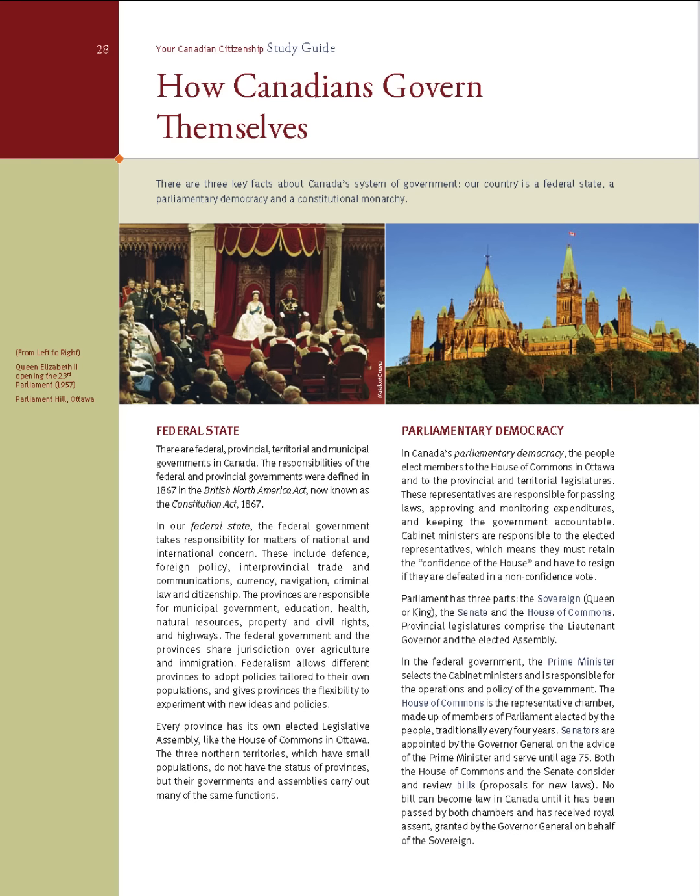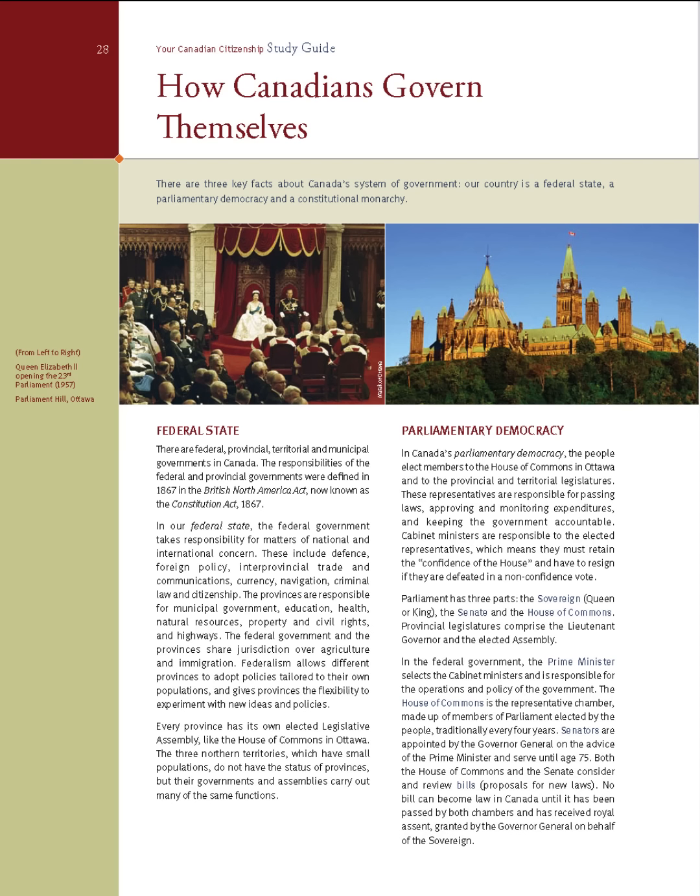Parliament has 3 parts: the Sovereign, Queen or King, the Senate, and the House of Commons. Provincial legislatures comprise the Lieutenant Governor and the elected Assembly. In the federal government, the Prime Minister selects the cabinet ministers and is responsible for the operations and policy of the government. The House of Commons is the representative chamber, made up of members of Parliament elected by the people, traditionally every 4 years.